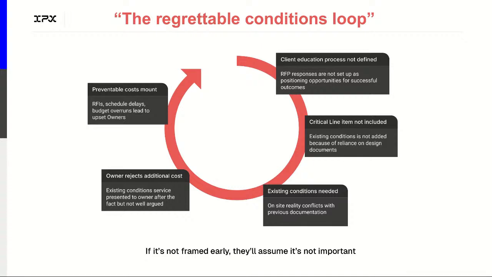And if they don't do it, all the things that you could have foreseen might go wrong, maybe even a small percentage of them go wrong, but something does go wrong. So the idea here is how to avoid entering this regrettable conditions loop: by educating clients on what verified conditions are. And that's what we're going to help you with ultimately in this conversation.